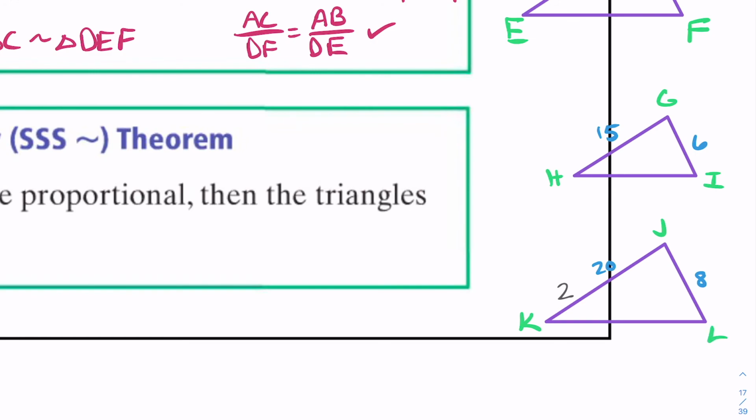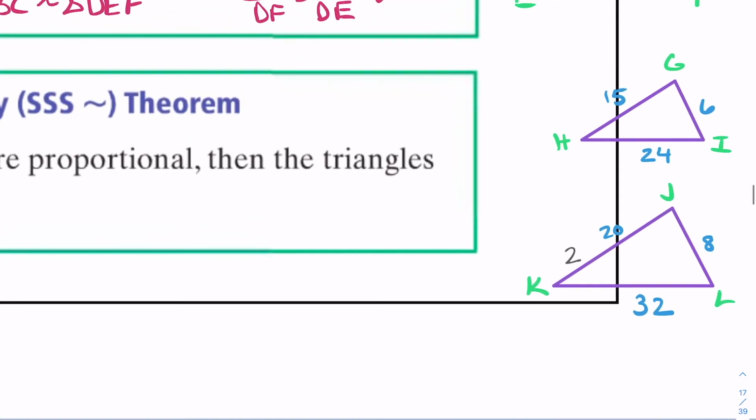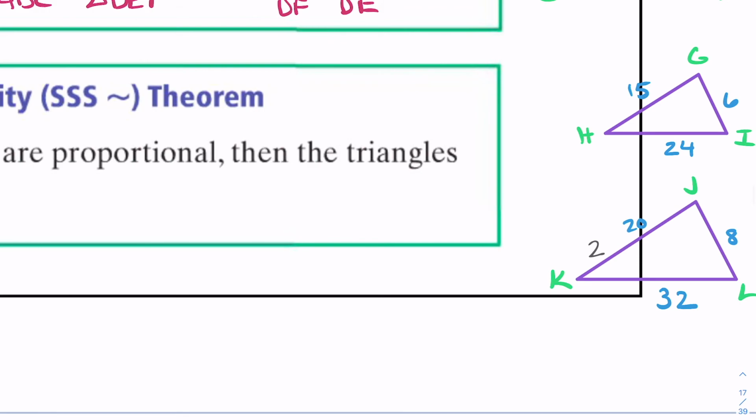And so for these, we'll do 6, 8, and 15, 20, and let's do 24 and 32. All right, so for this one, I'm going to see, is 6 to 8 equivalent to 15 to 20, and is that equivalent to 24 and 32?